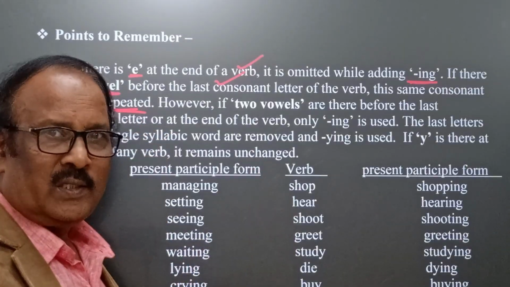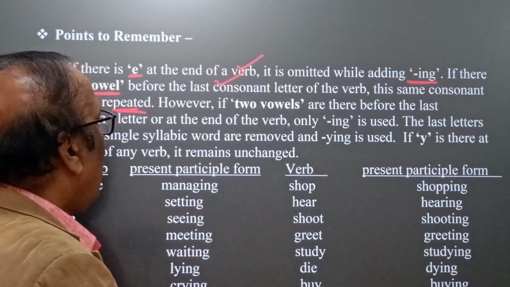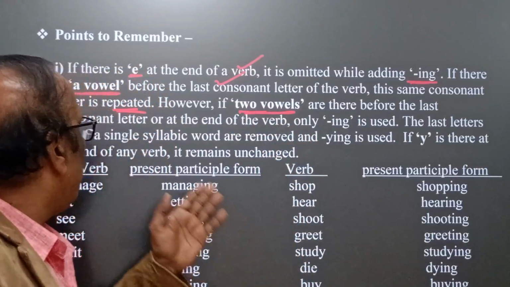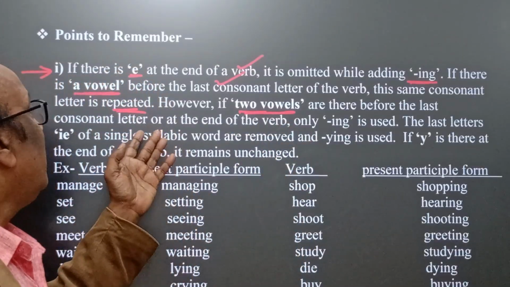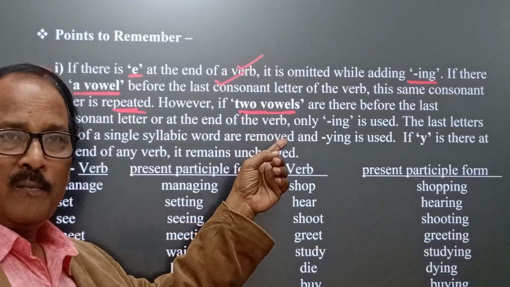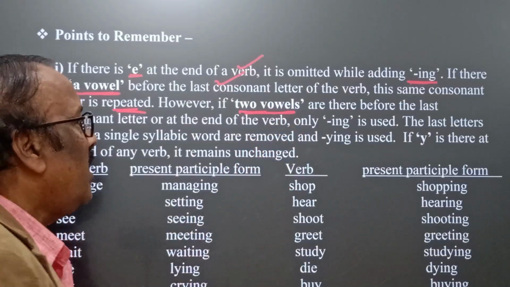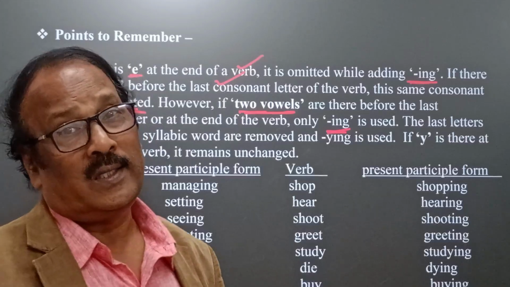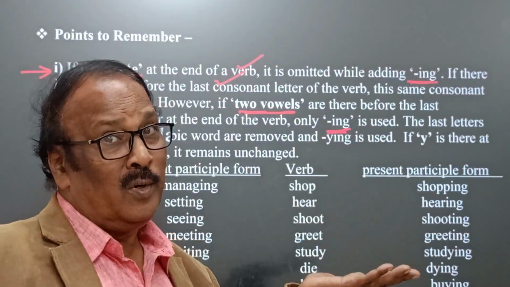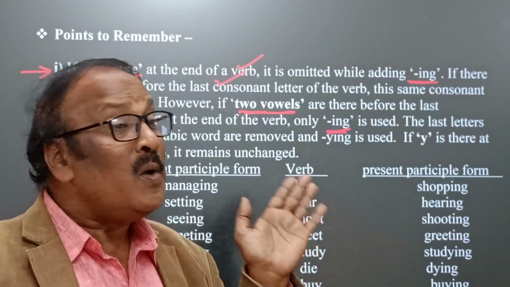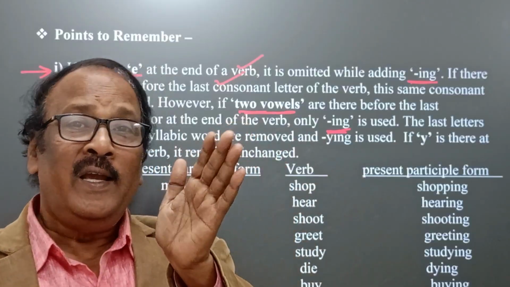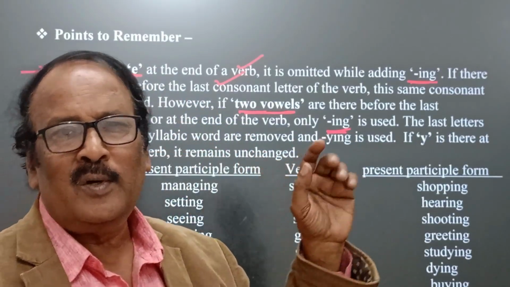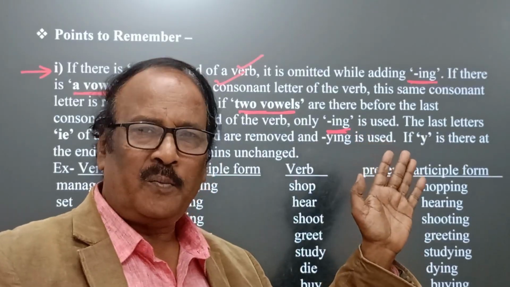We will see this in examples. Another idea: if two vowels are there just before the last consonant letter or at the end of the verb, only ing is used. Definitely we just use ing as a suffix.